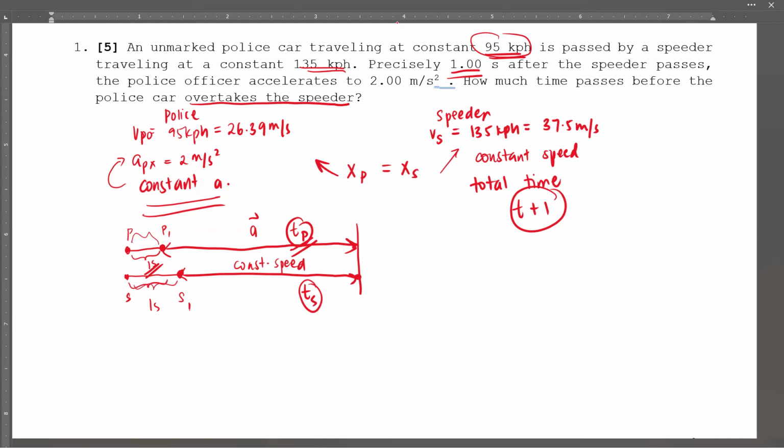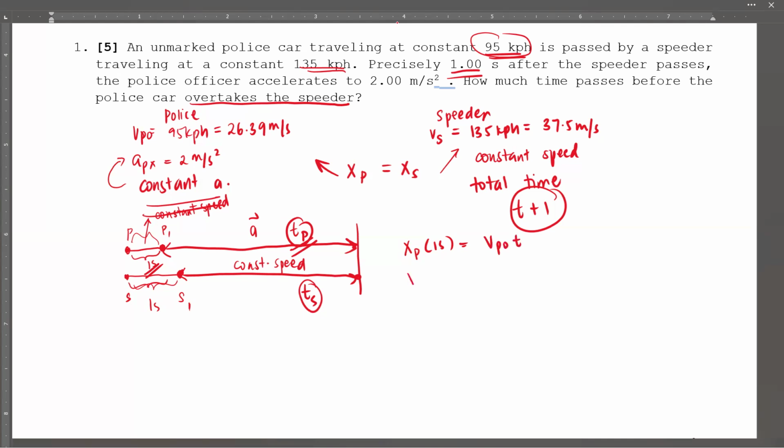Okay, so at this point ng 1 second natin, si pulis natin hindi pa siya nag-accelerate. So dito constant speed pa lang siya. Kung ito-total natin yung x ni pulis at 1 second, constant speed lang, so this is simply V of police times time.